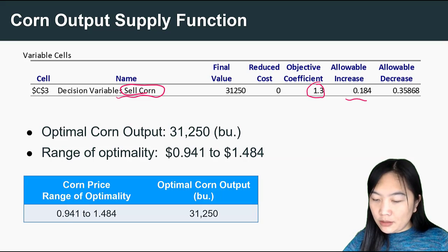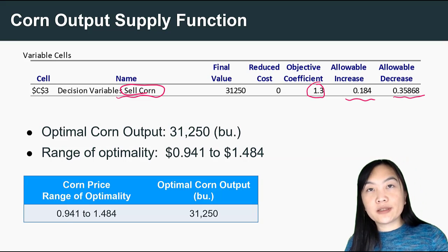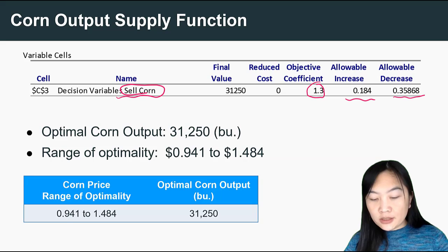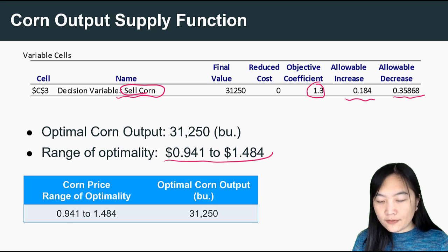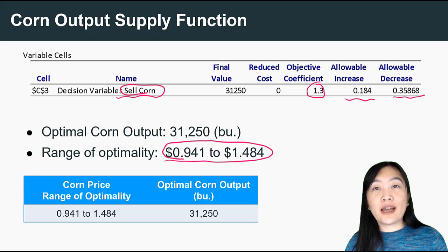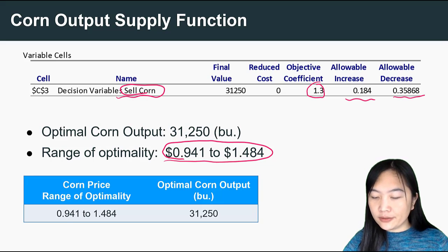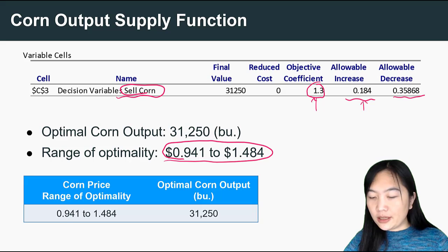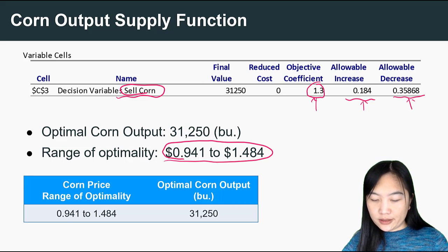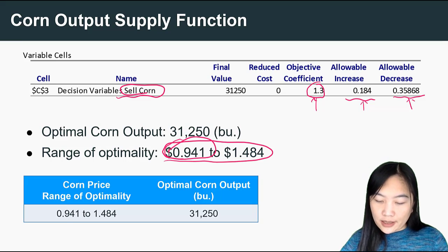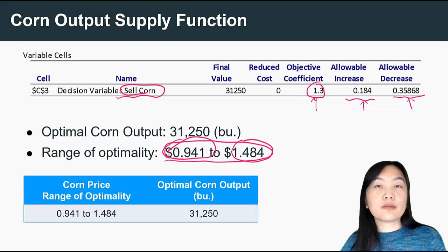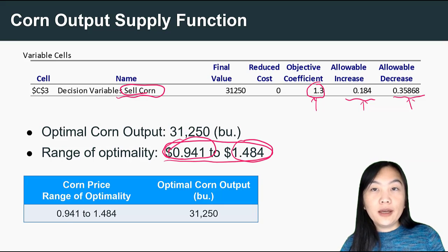And there's an allowable increase and an allowable decrease. The information you can get from here is that the range of optimality you can calculate based on the coefficient, the allowable increase and the allowable decrease. So this term here is 1.3 minus the allowable decrease, and this number is 1.3 plus the allowable increase.